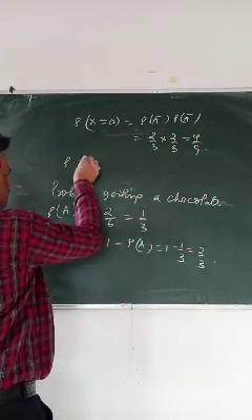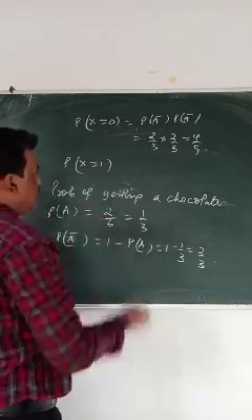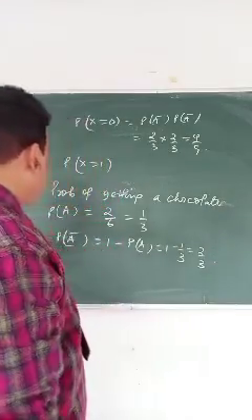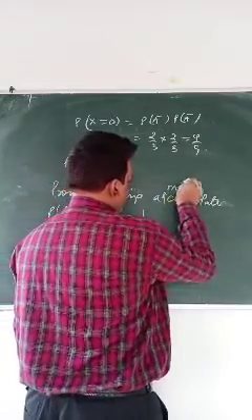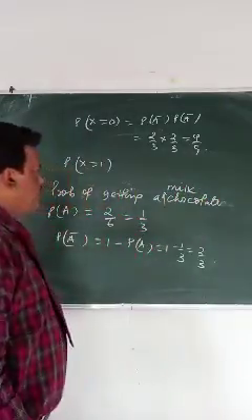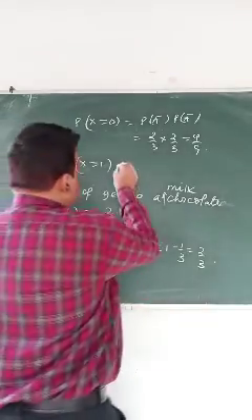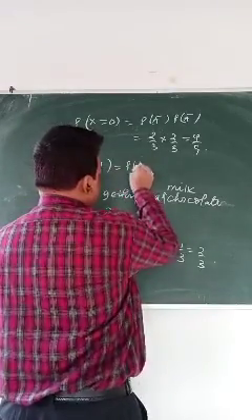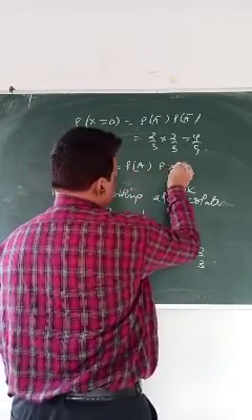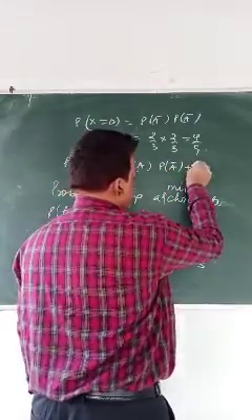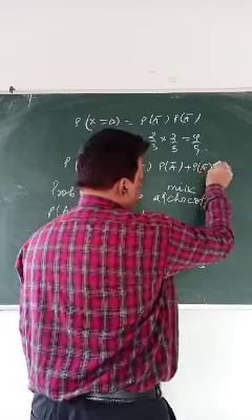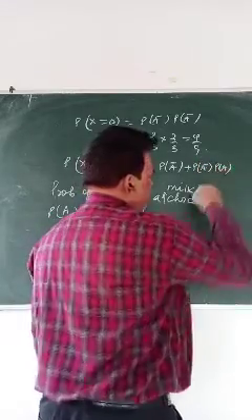What do you mean by x equals 1, 1 milk chocolate you will get? 1 means first you get it, second you do not get it, or first you do not get it, second experiment you get it. These are the possibilities.